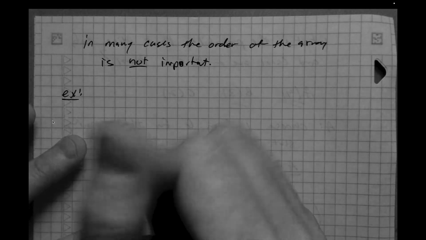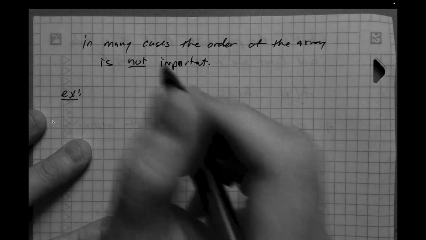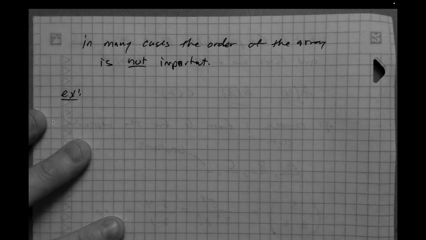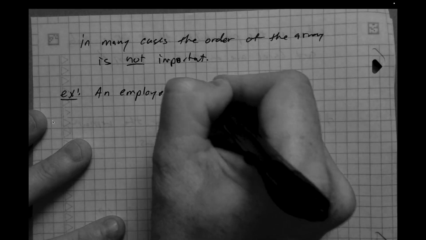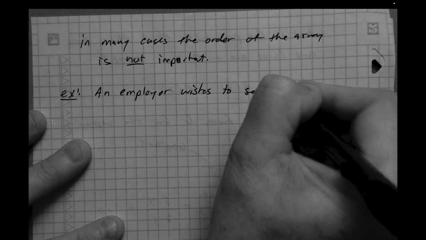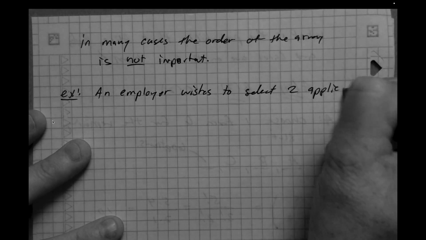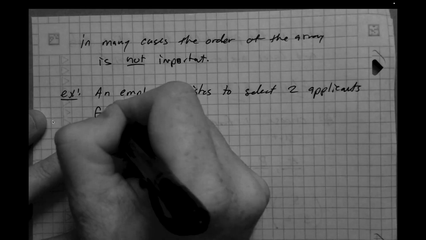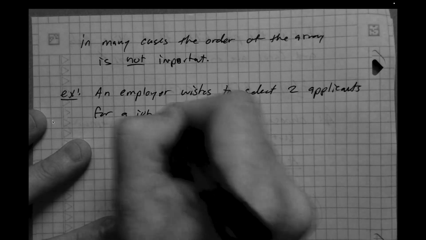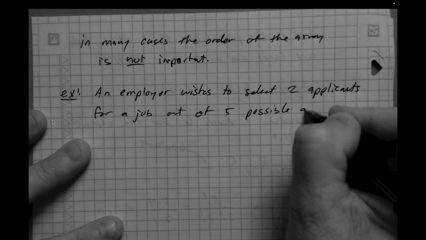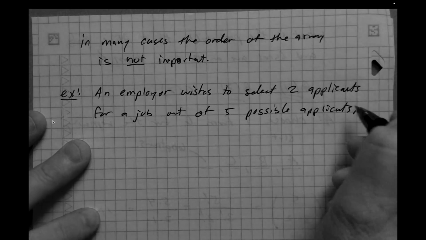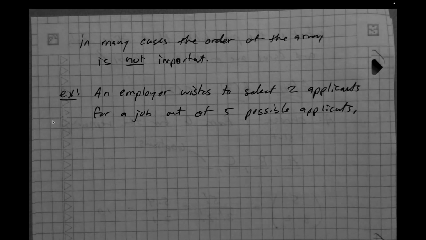An employer wishes to select 2 applicants for a job out of 5 possible applicants. This is a simple example where I've got 5 applicants, and I'm going to randomly grab 2 of them to interview or to give the job to or whatever.